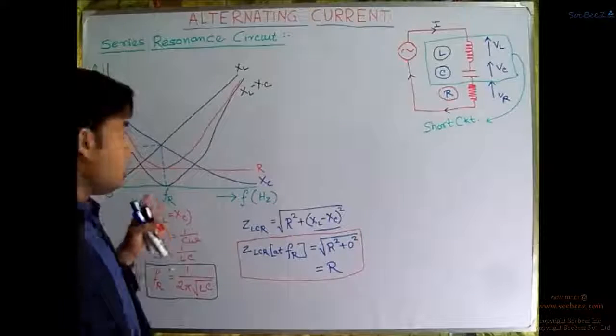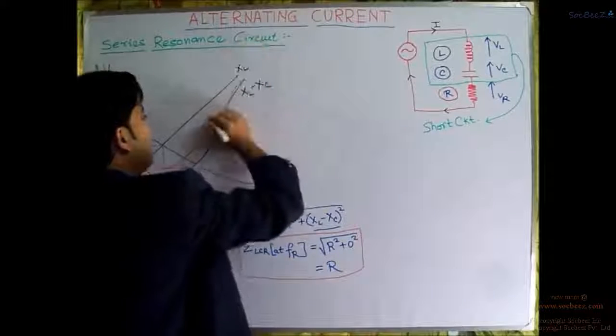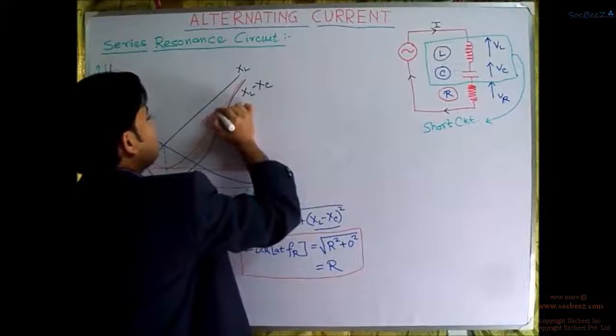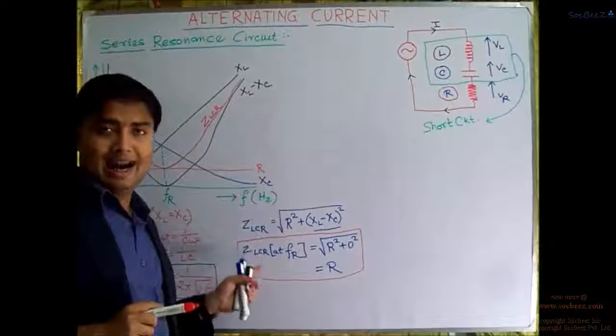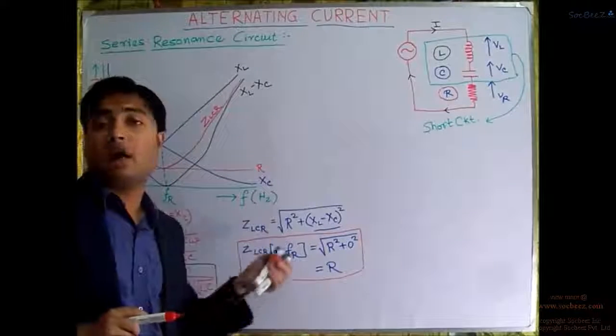Right? So this curve we could say is the curve for ZLCR, or the impedance of this LCR circuit.